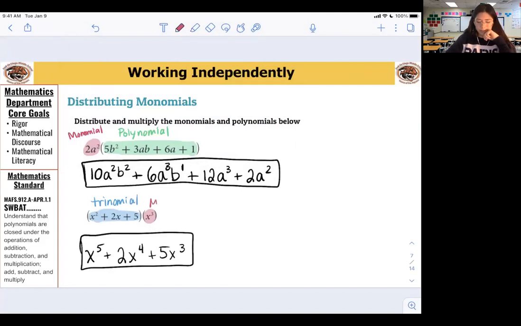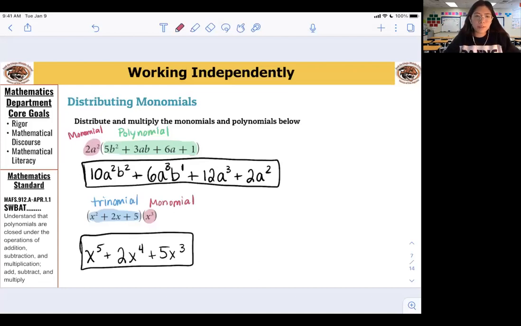Monomial, good. So again, quick review. Mono is one term, binomial has 2 terms, trinomial has 3 terms, and everything after that is just a polynomial. So mono is 1, bi is 2, tri is 3, and then everything else is just poly.